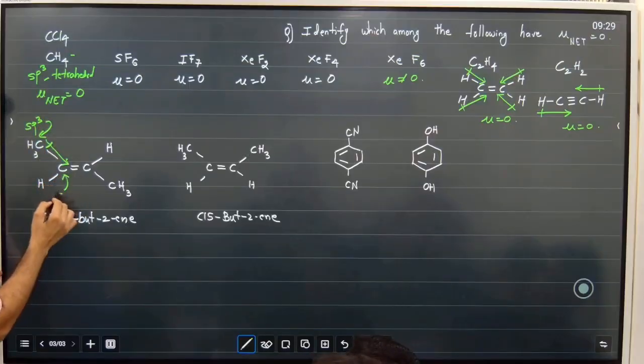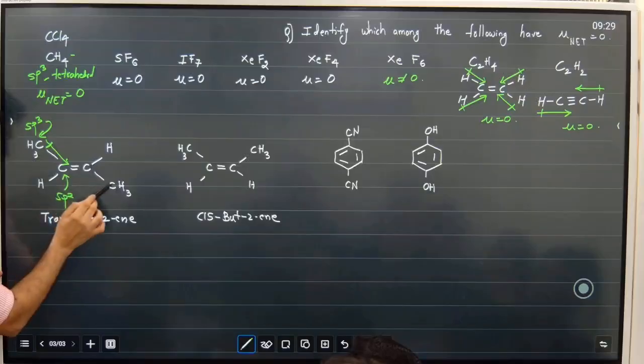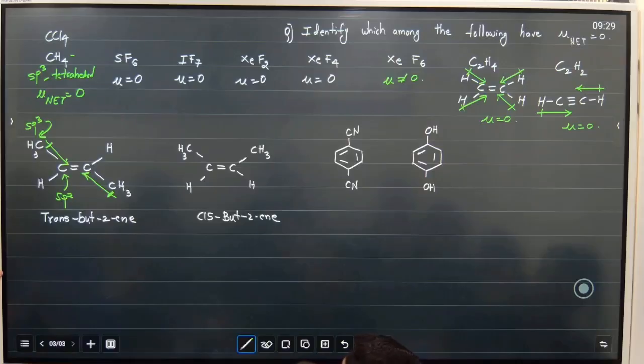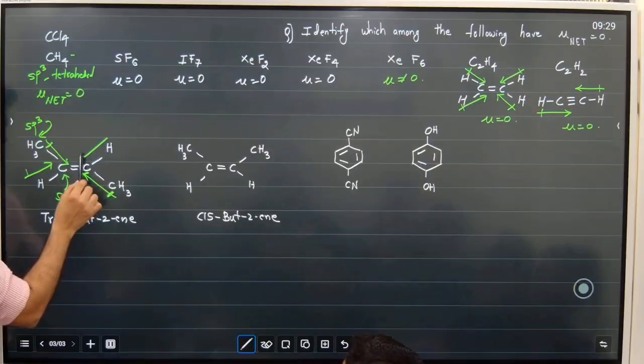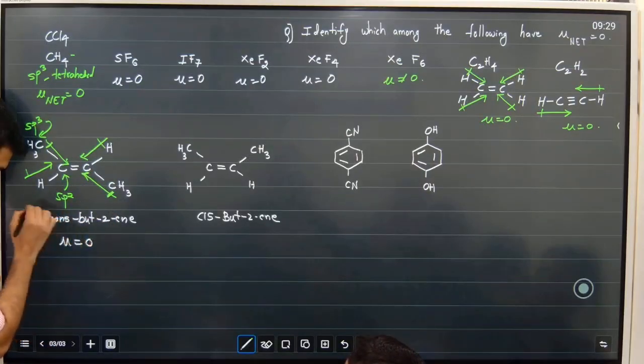This carbon here is sp2. So the dipole is in this direction. This carbon and this hydrogen dipole is also in this direction towards the sp2 hybridized carbon. Can you see both the dipoles are in opposite direction, equal in magnitude, so they are going to cancel each other. What will the net dipole be, people?